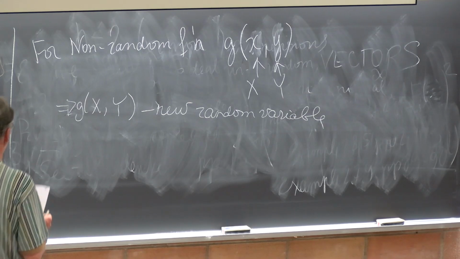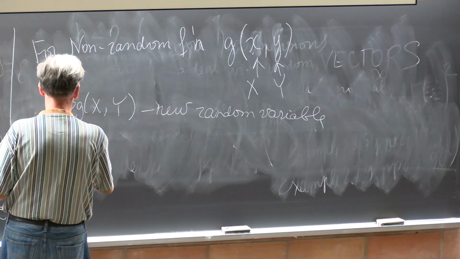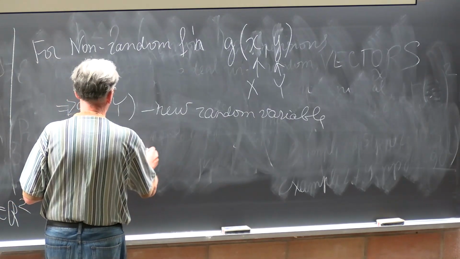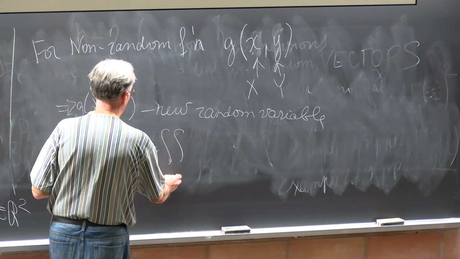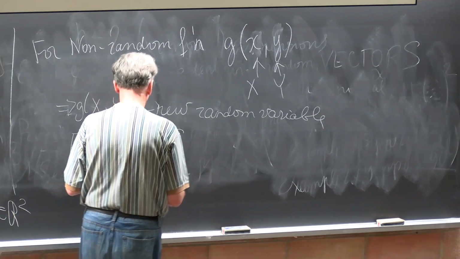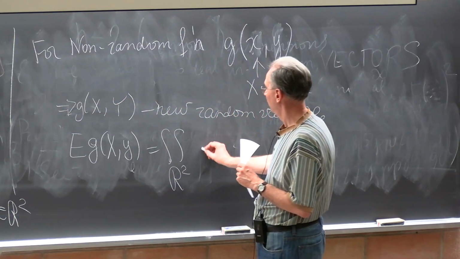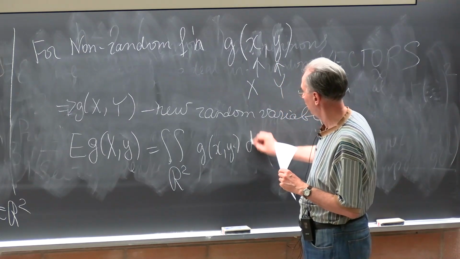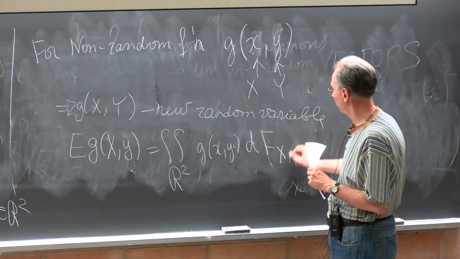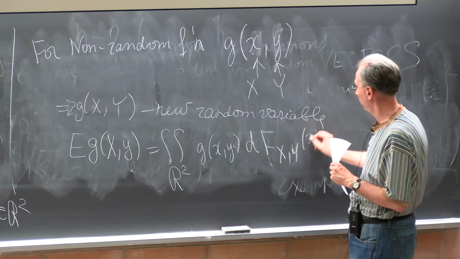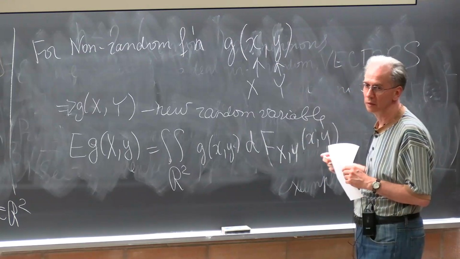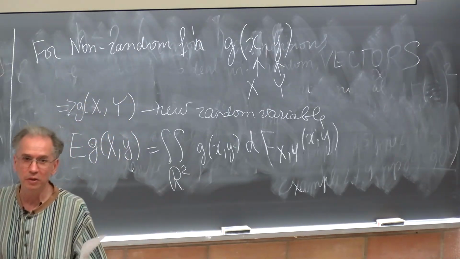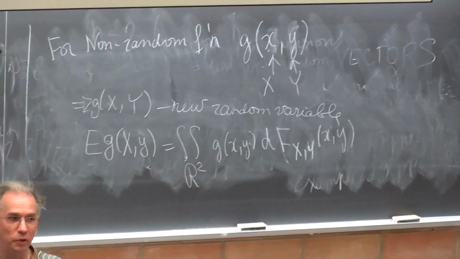In order to find its expectation, of course, it's possible to find the probability law of this new univariate random variable first. But the other approach is to find the double integral over R squared of little g of little x, y dF_XY of little x, little y, which is going to be a Lebesgue-Stieltjes integral on R squared.